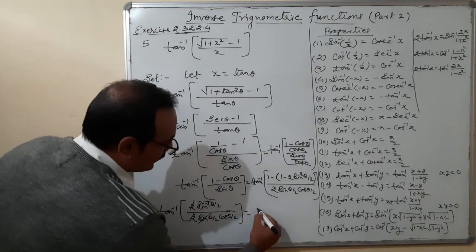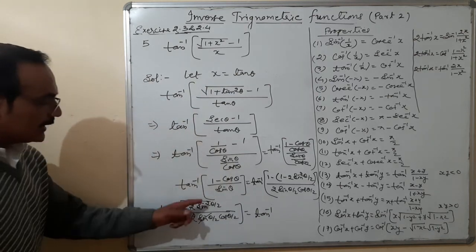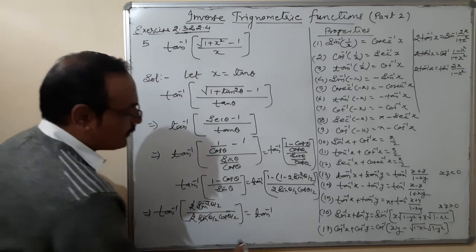What is coming here? Tan inverse sin theta by 2 upon cos theta by 2, tan theta by 2.